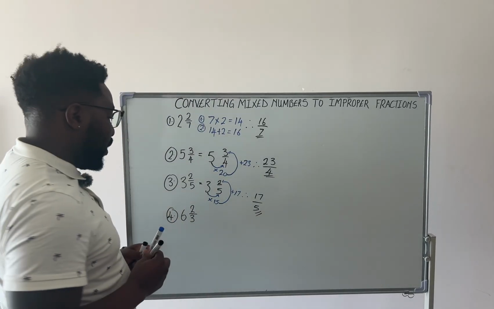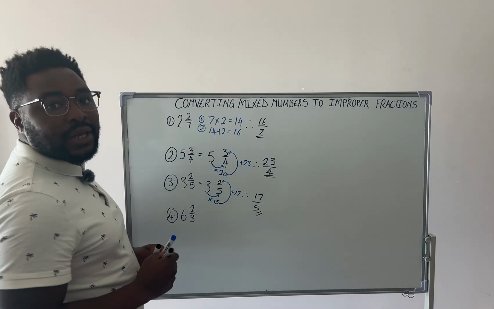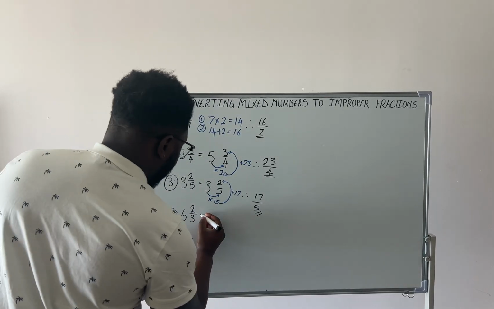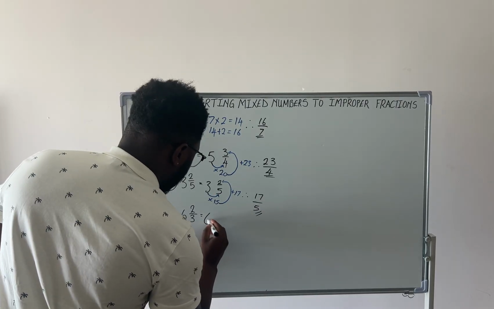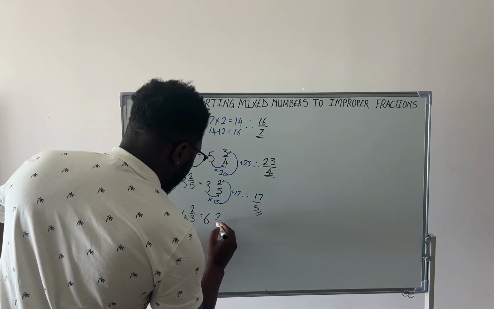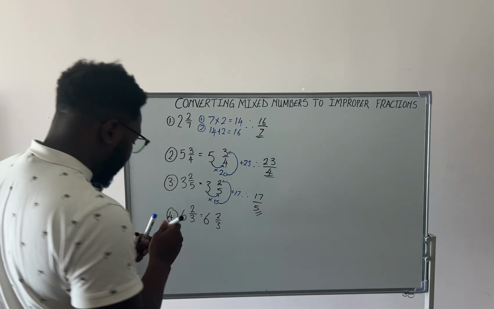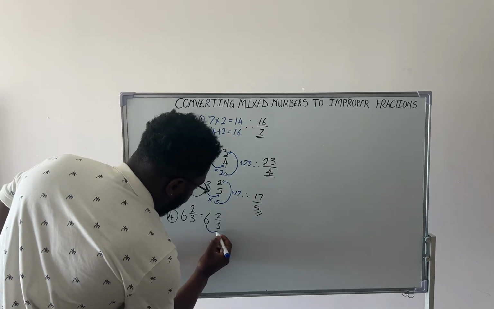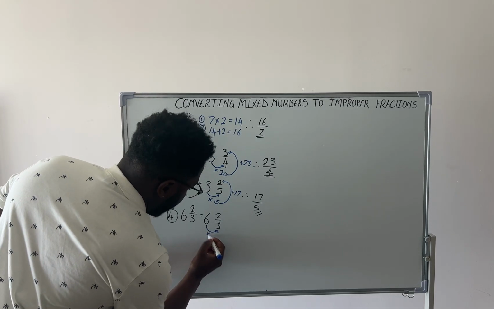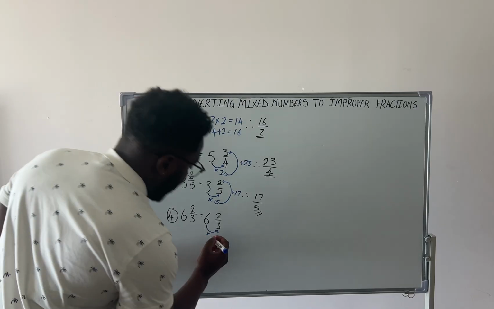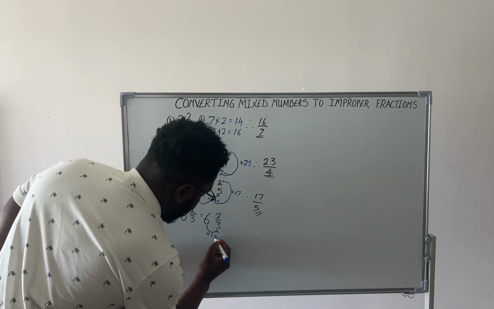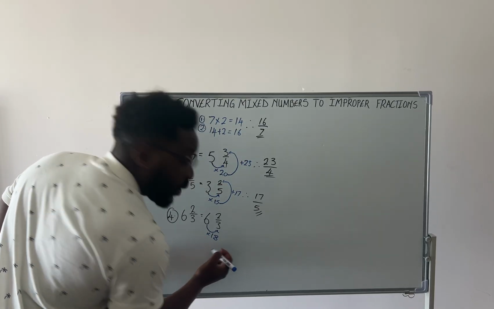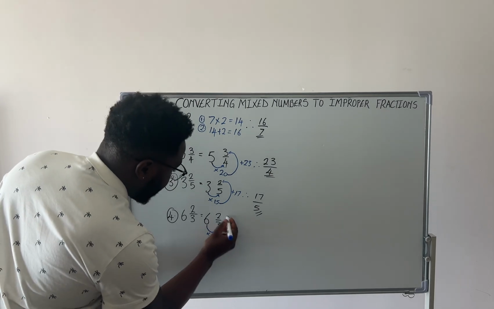Now let's deal with our last question over here. Let us write it: 6 and 2 over 3. Now remember, what are we doing? We are multiplying the whole number and the denominator. 6 multiplied by 3 is 18, and then we're adding the numerator.